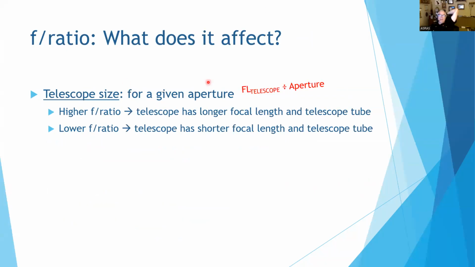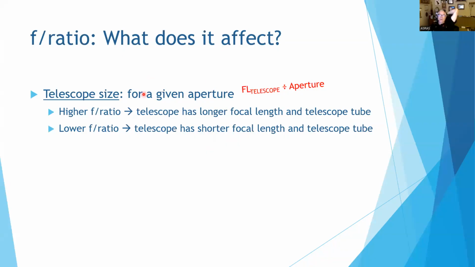In addition, I've already talked a little bit about this. For the telescope size, for a given aperture, the higher the F ratio, the longer the focal length and tube of the telescope, the optical tube assembly. Conversely, the lower the F ratio, the shorter the focal length and telescope tube for any given aperture.